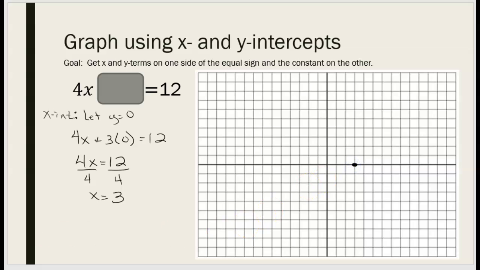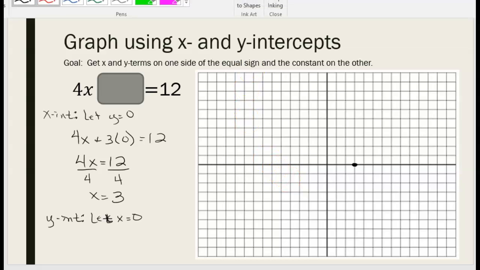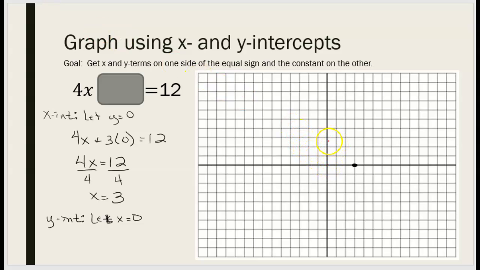That is my x-intercept. Okay, so now we're going to do the y-intercept. And at the y-intercept, we let x equal 0, okay? Same type of idea here. I'm going to give you an example in red with red dots, so if you're taking notes, don't write these down necessarily. Any of these are y-intercepts, okay?